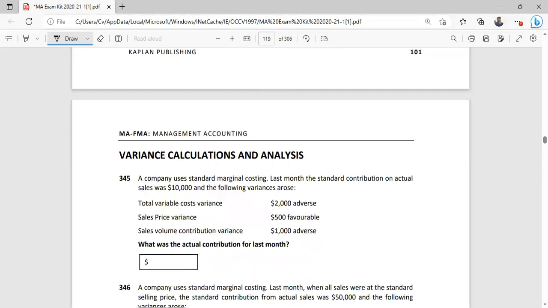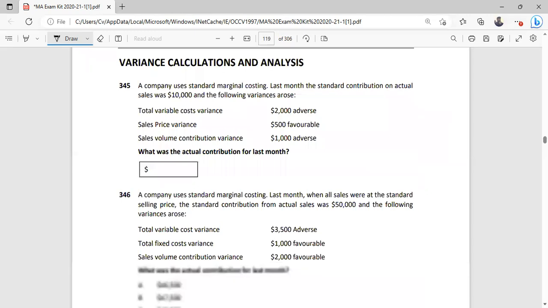Okay. Now we are going towards the variance calculation and analysis. We will do calculations. A company uses standard marginal costing. Last month standard contribution on the actual sales. What does it mean?